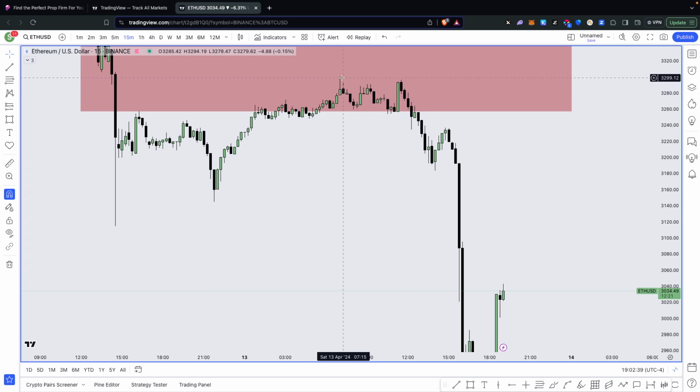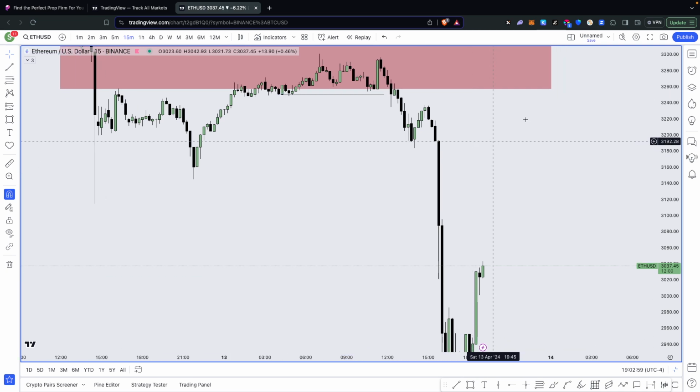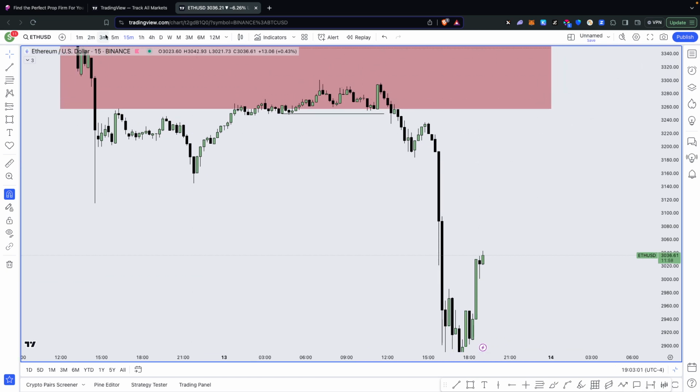We went all the way up. And this is the low of the high that took out buy side. So you want to extend this out. You want to see displacement here. There was no displacement really. And even here the fair value gaps are not so clear, so it was not beautiful like how it was on Bitcoin.